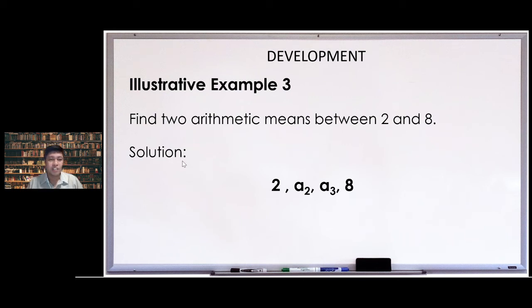In other words, since our first term is 2, the two arithmetic means or unknown terms are a sub 2 and a sub 3. So clearly, we have 4 terms in our sequence. Let us continue.